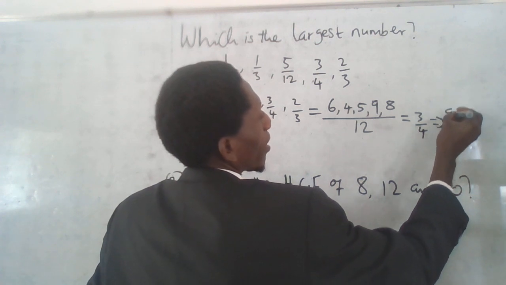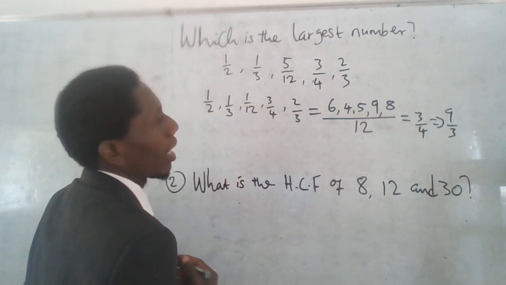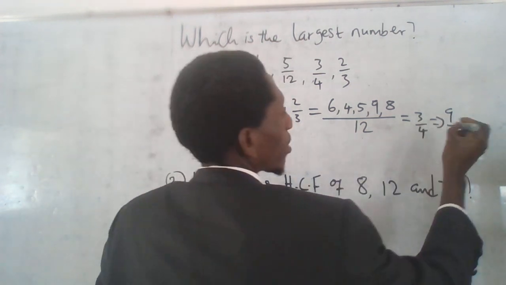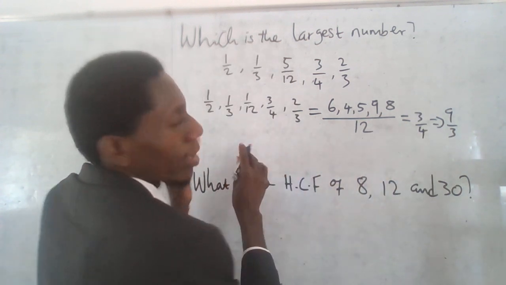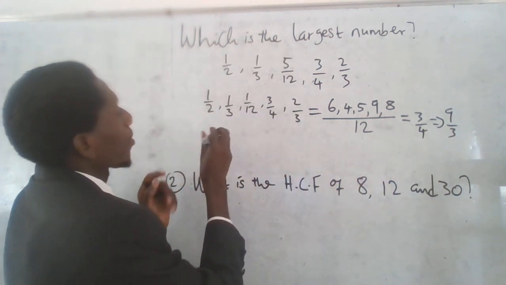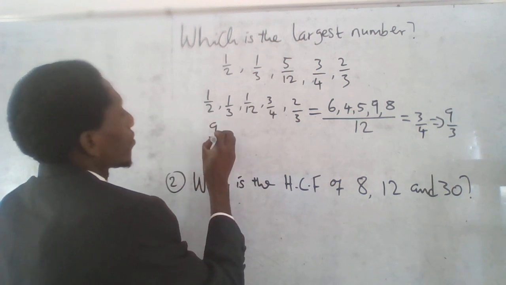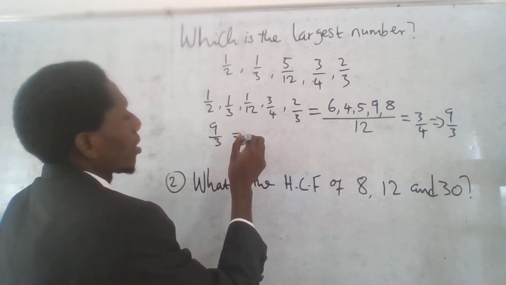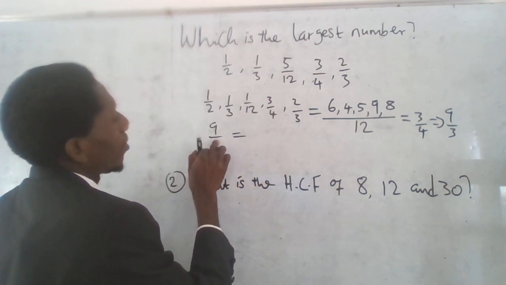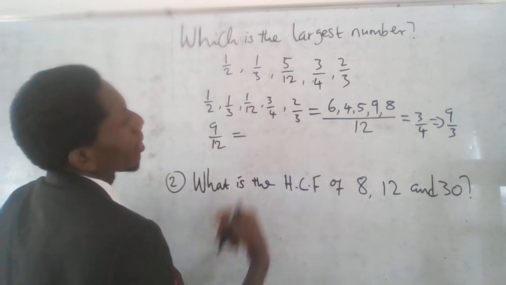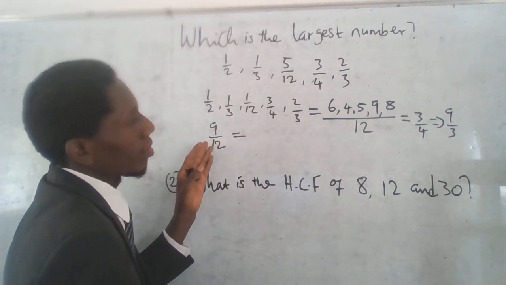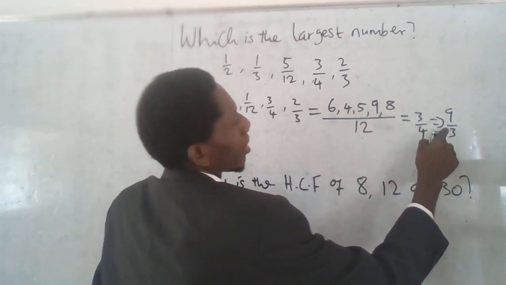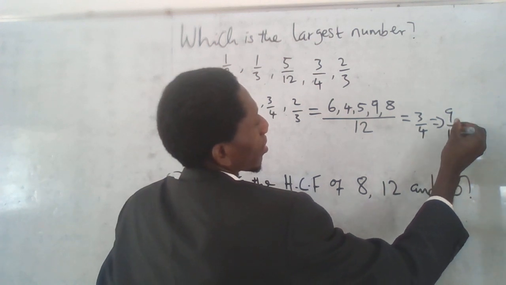This implies 9 over 3, and it is the largest. So the solution for this problem, 9 all over 3 is the largest number. Sorry, 9 over 12. I'm so sorry, this number is 12. It's not 3. Please, the number that we use to divide isn't 3. It's 12.